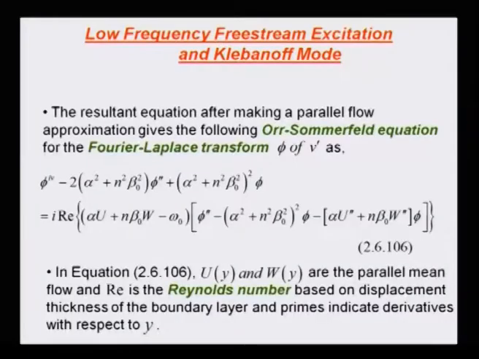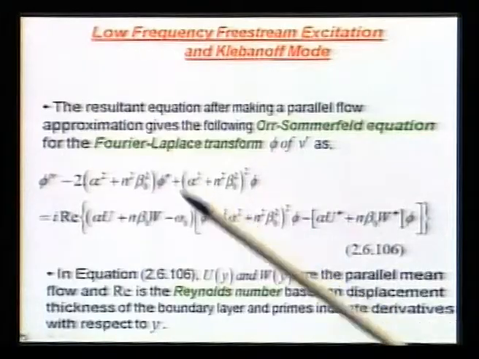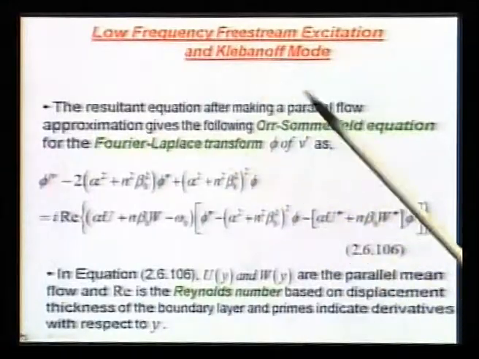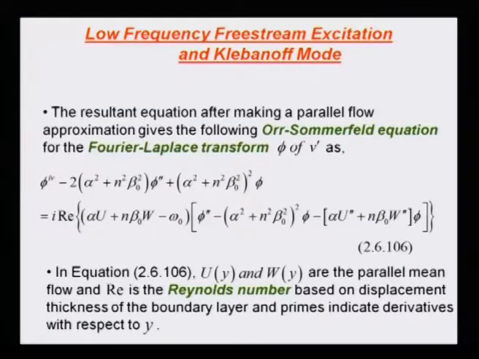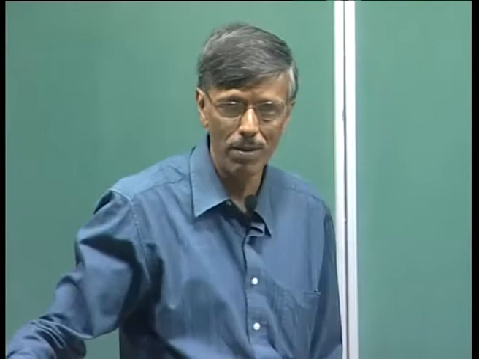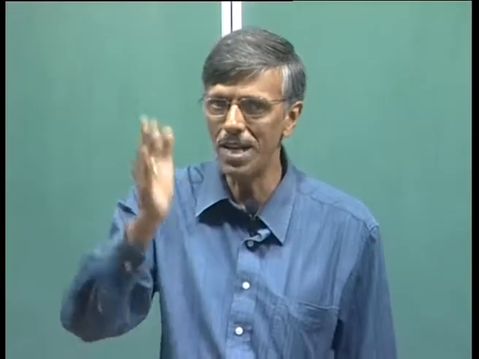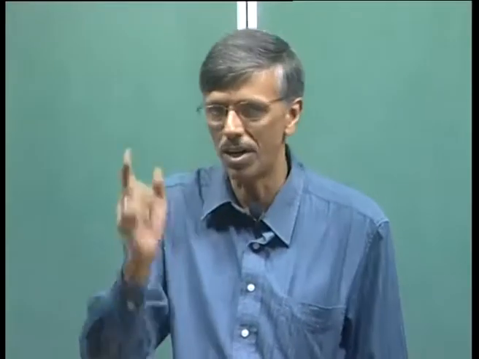I know the wind tunnel thickness, so I can fix beta naught. And I can solve this equation for different values of n. So, it is a 3-dimensional problem, but you are looking at each n beta naught at a time. I can take beta naught, 2 beta naught, 3 beta naught, all those harmonics, and calculate the eigenvalue.